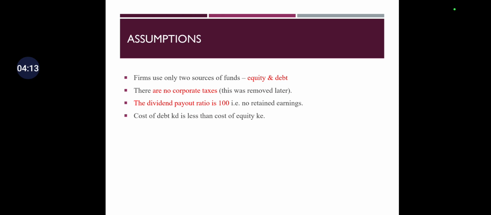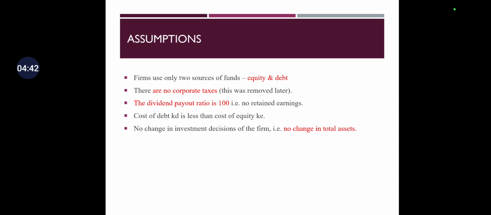There will be more expectations from the point of view of shareholders. If the expectation is high, the expenses related to equity will also be very high. So we are going to prefer debt. Cost of debt is expressed as KD and cost of equity is expressed as KE. So this was one of the assumptions.